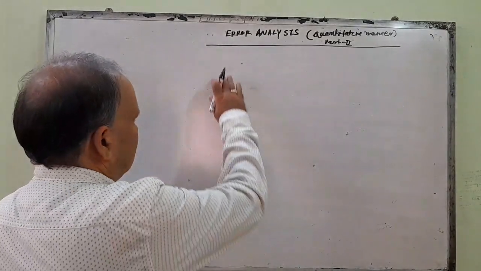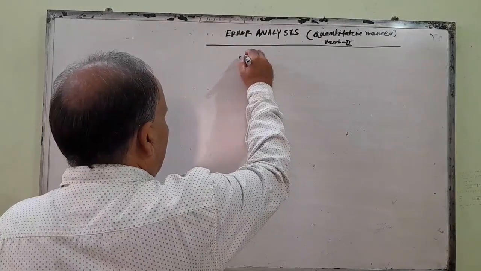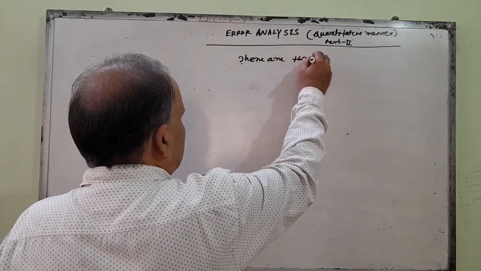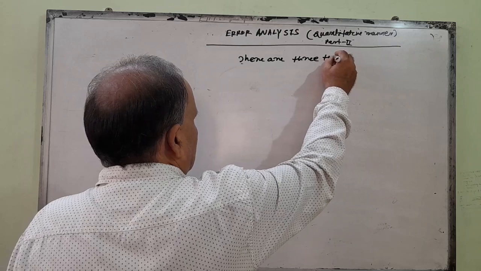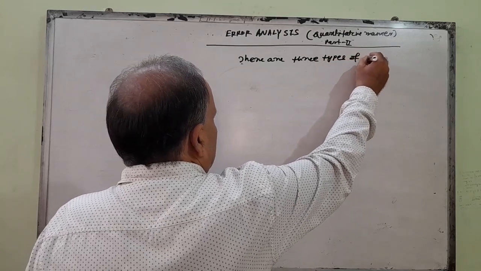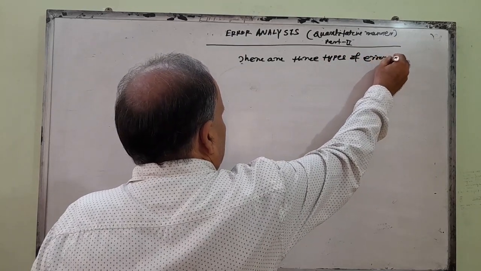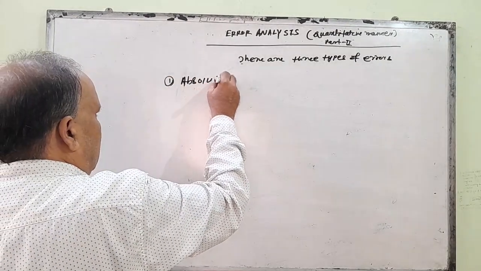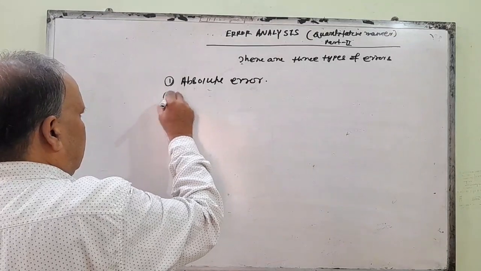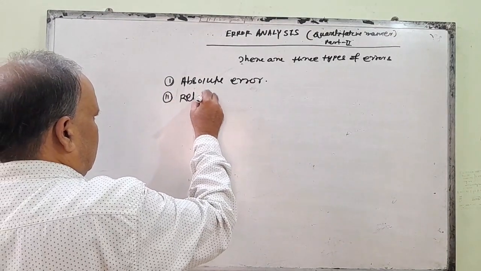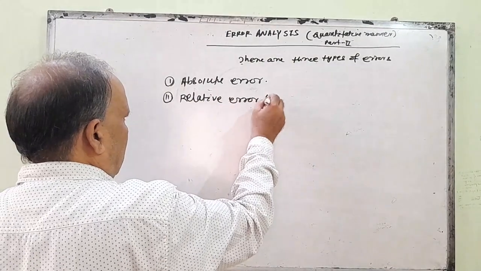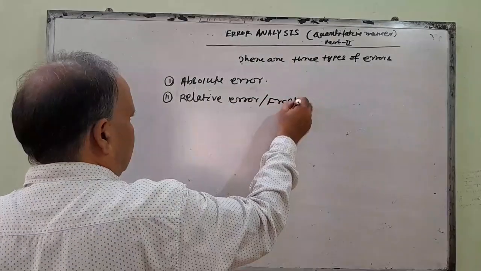You see, there are three types of error. First one is absolute error. Second one is relative error, or you can say fractional error.